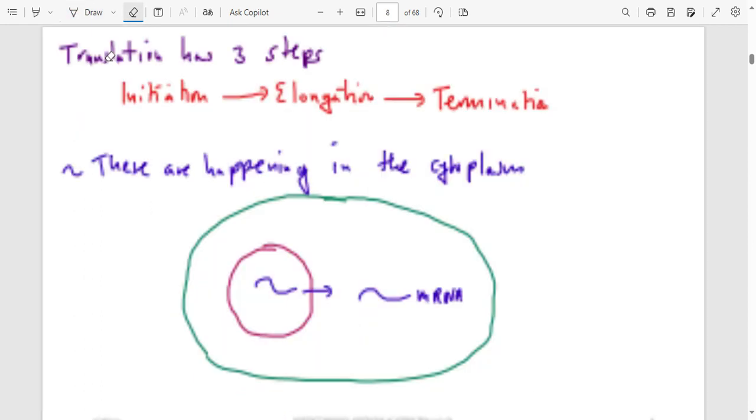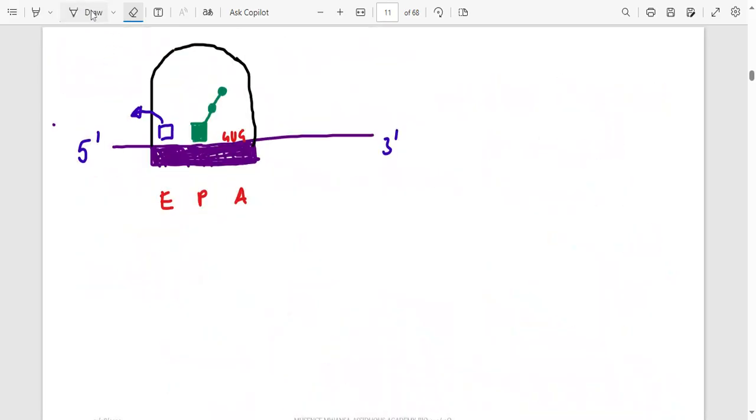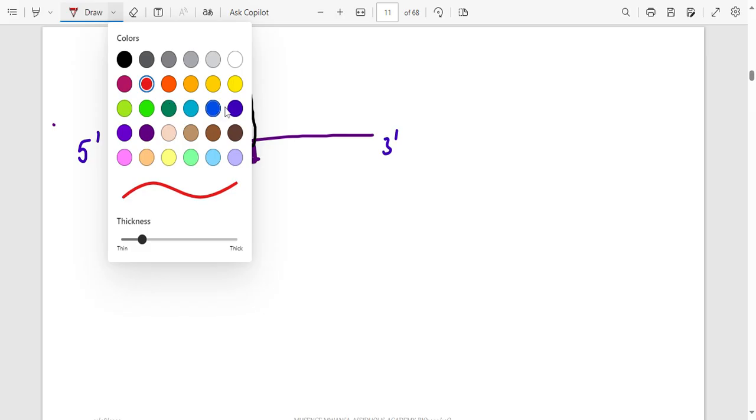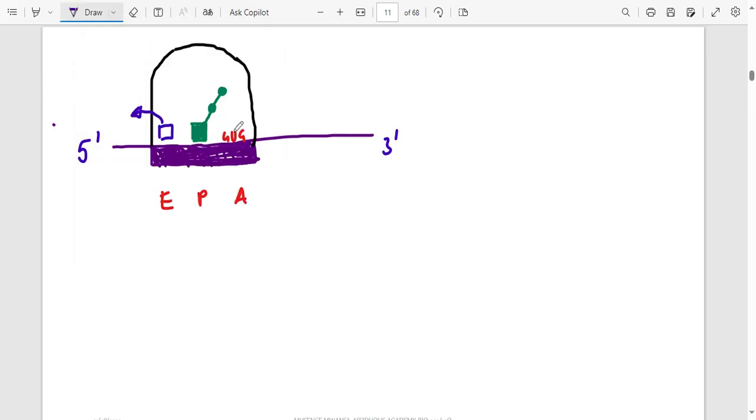And so the tRNA that is going to bring that amino acid should be a tRNA that is complementary to the GUG. So that tRNA is now going to come here. And this tRNA, remember, is coming with an amino acid. And what is going to happen is that peptidyl transferase is again going to form a bond between this one which is down and this one.